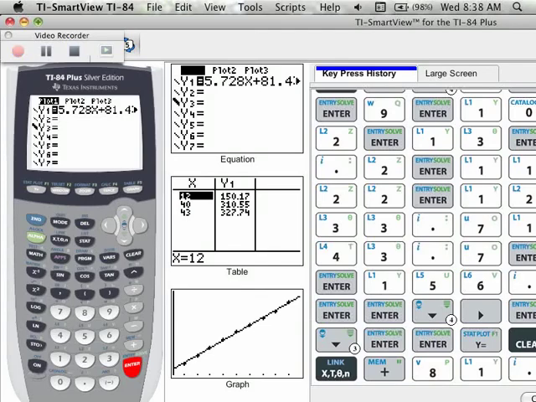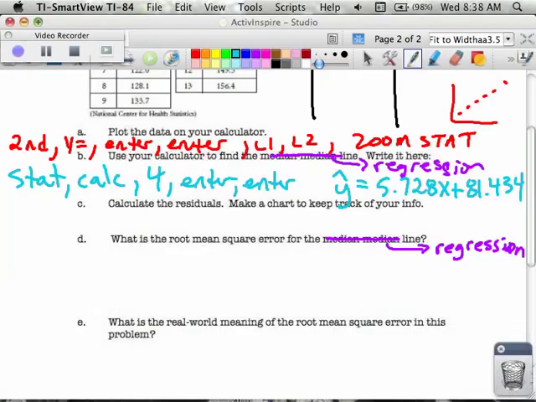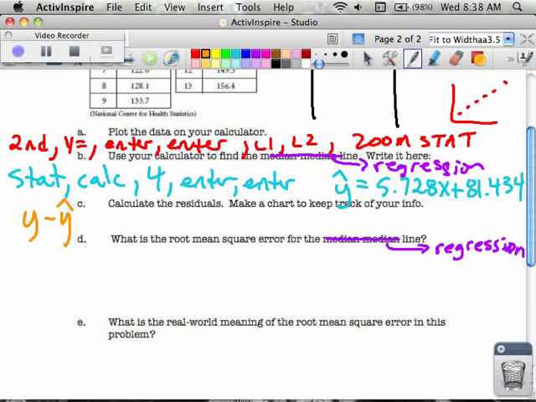Next, it says calculate the residuals. Remember that my residuals are the same thing as my y minus my y hat. Or in other words, this was list number 2 minus list number 3.